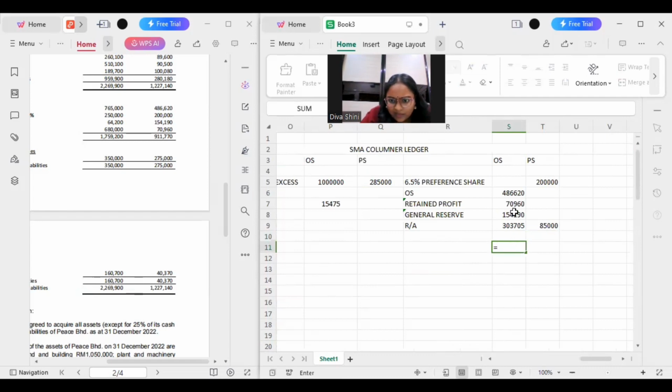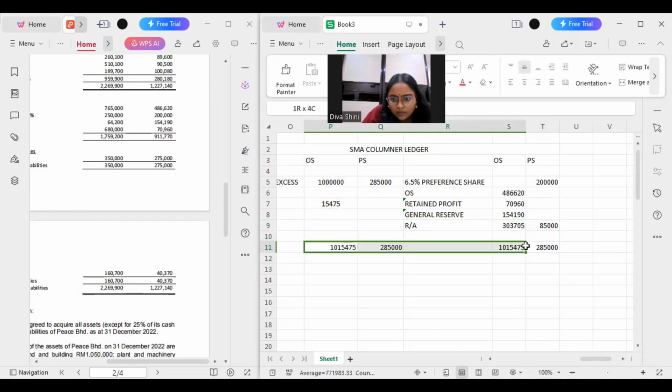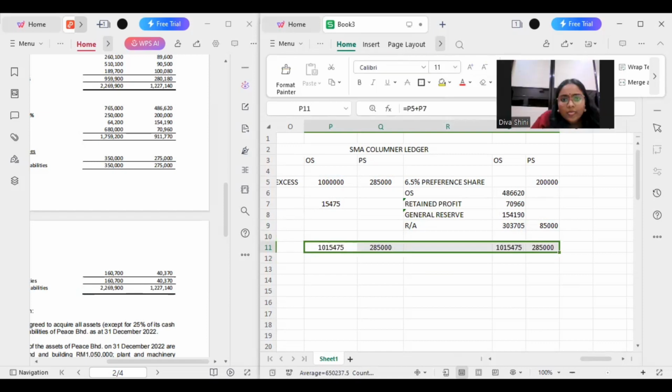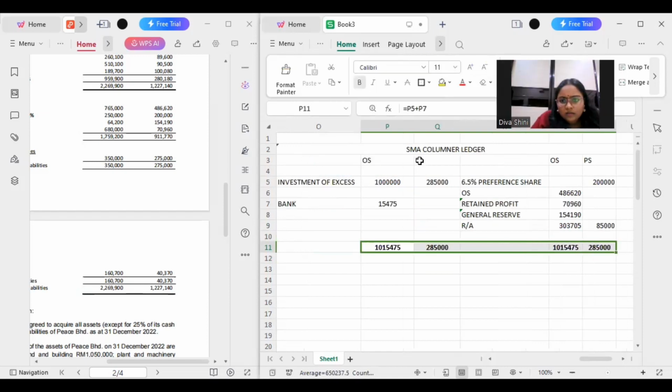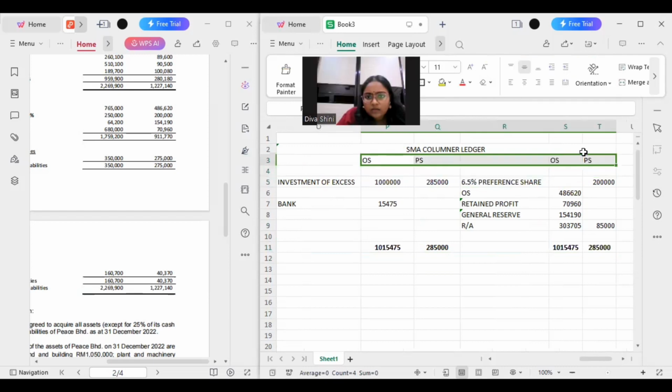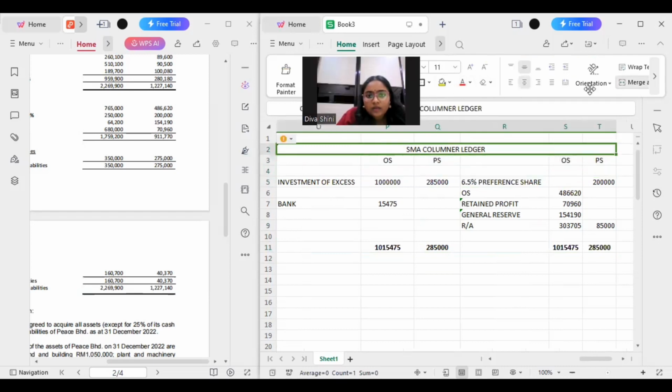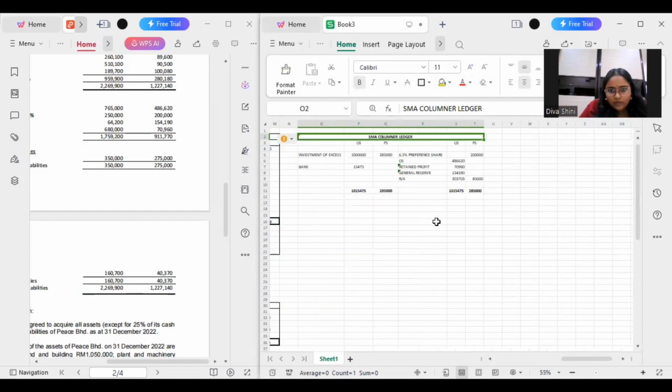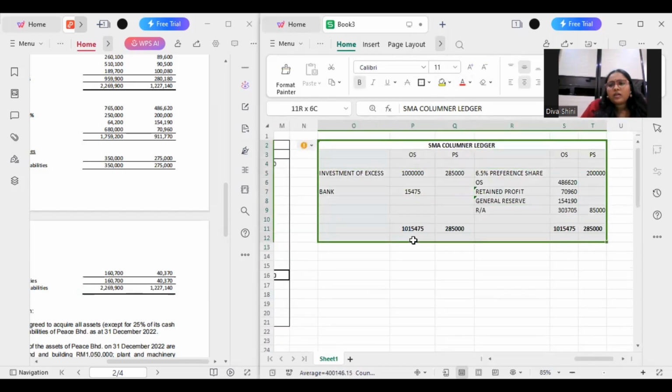So we need to pass everything, and this account should also tally between debit and credit side. So they have been tallied. And that's all for question B, which is journal entries for SME.